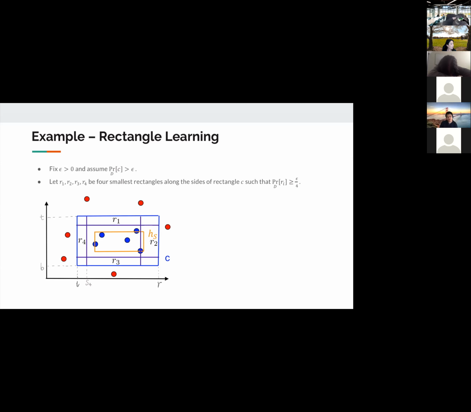So if epsilon is greater than 0, and you assume that the probability of C is greater than epsilon, then you can find R1, R2, R3, R4 to be 4 smallest rectangles along the sides of the rectangle C, so that the probability of these smaller rectangles is greater than or equal to epsilon over 4. So let's see what that means.